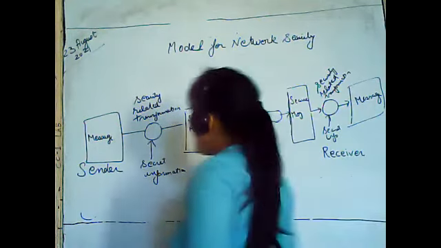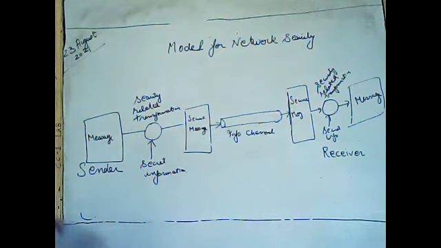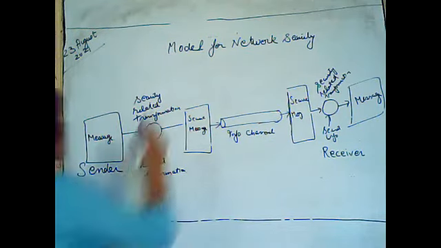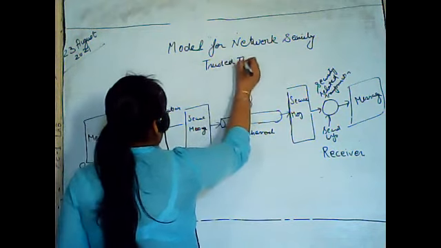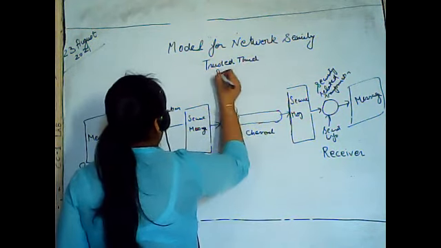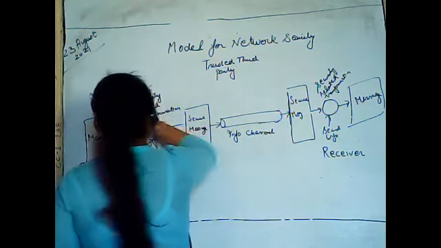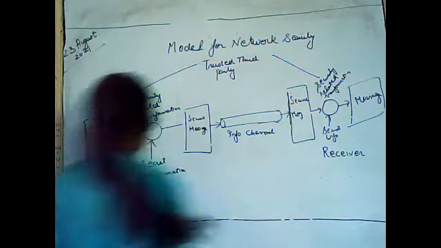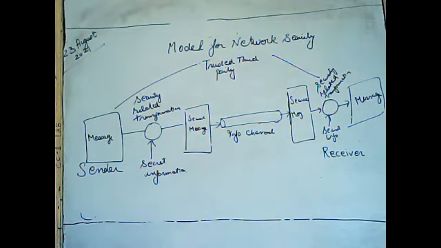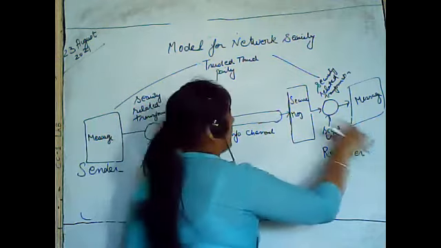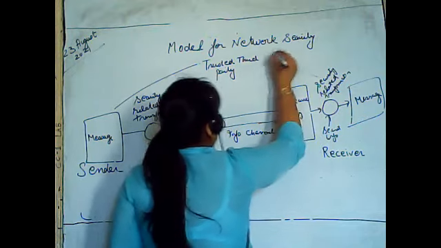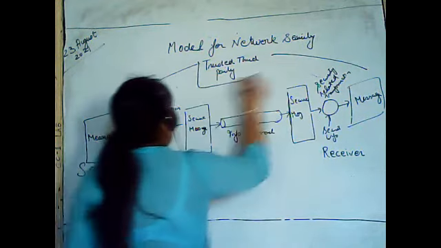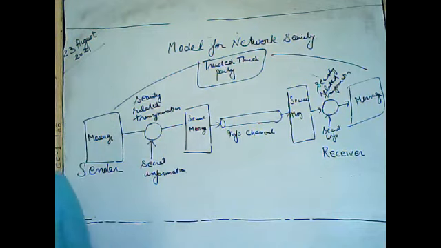Okay. So these are the major entities in network security. Apart from this, we also have a trusted third party here, that is just monitoring the communication between the sender and the receiver, the transmission of that message from the sender to the receiver.